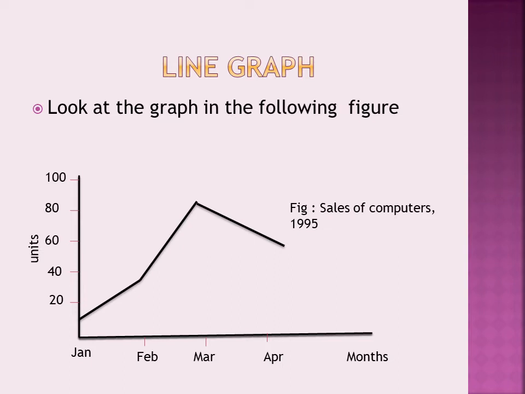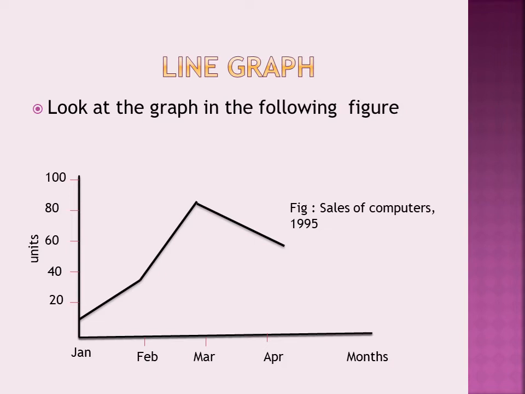Now let us see an example of a line graph. Look at the graph in the following figure. So first, what is our task? Looking at the graph very carefully. And what the figure suggests: sales of computers. So we should know that the topic is computers, but the subject is sales of computers.